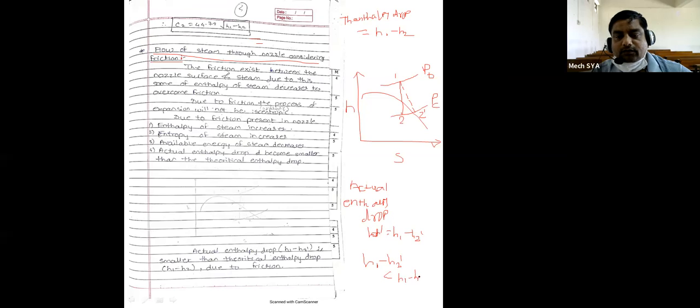So due to friction, what happens to velocity, will it decrease? Due to friction, enthalpy of steam increases.